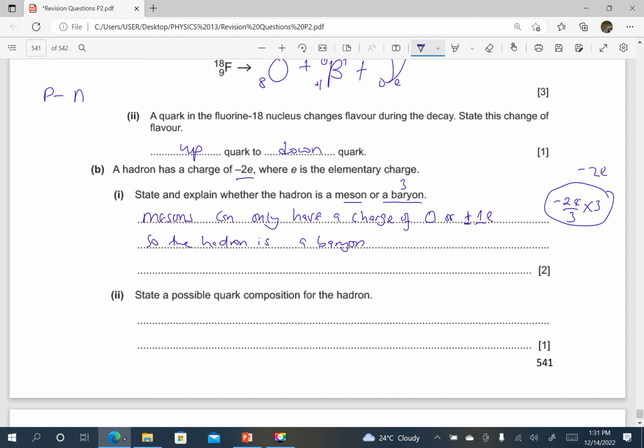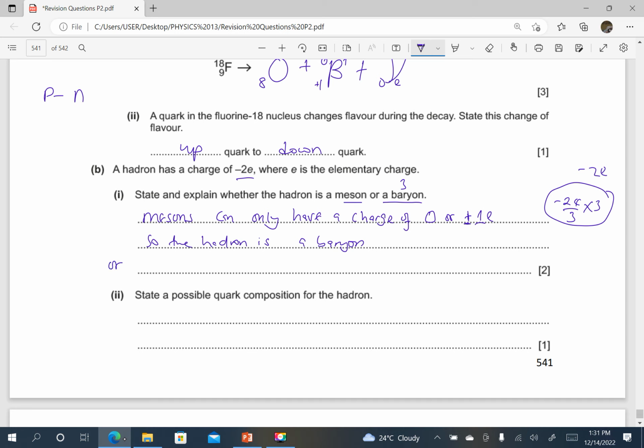The hadron is going to be a baryon because with mesons you can always check their combinations. Because it is a quark and an antiquark, the charge is always either 0, positive or -1e. But baryons can have charges as high as that.